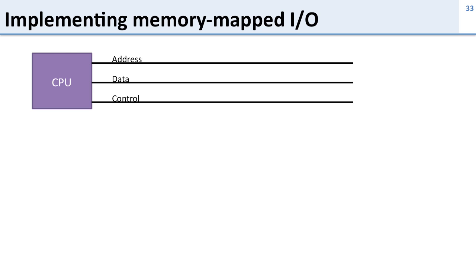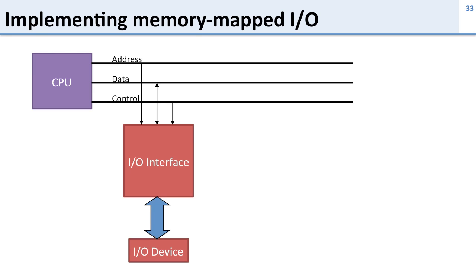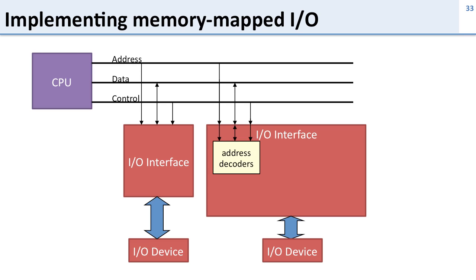So let's take a look at how you'd implement memory mapped I/O. Here's our CPU and its bus. It has address, data, and control lines. And we're going to put an I/O device on it, an I/O interface. Let's take a look at what's inside there so that it can handle memory mapped I/O. Inside the I/O interface, we're going to have address decoders. These are going to look at the address that's sent and compare to see, does this address match the address that I'm supposed to pay attention to?